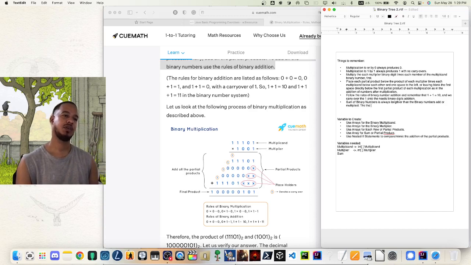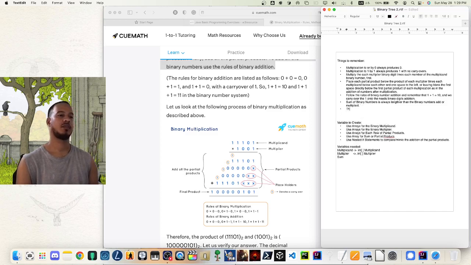So the sum and the partial product arrays need to be lengthier.